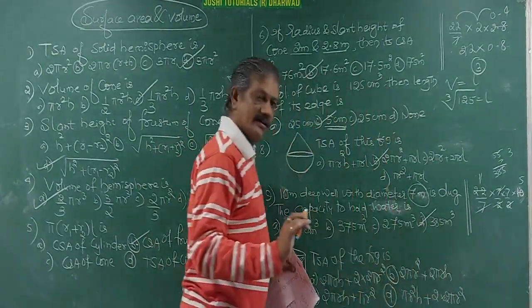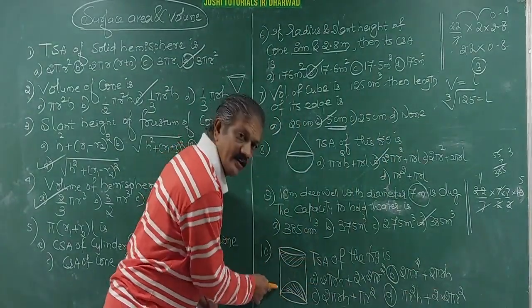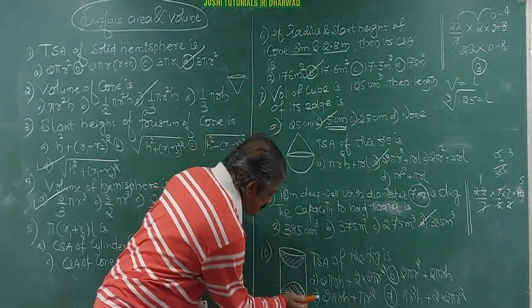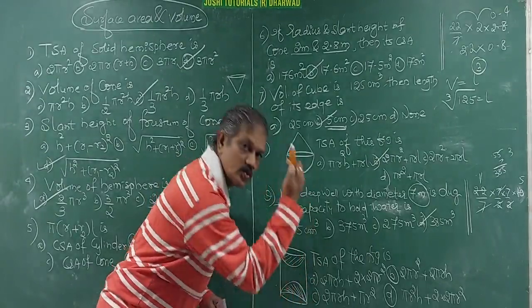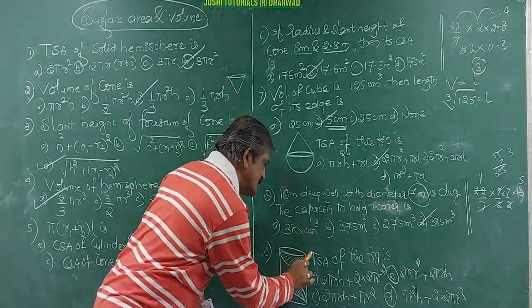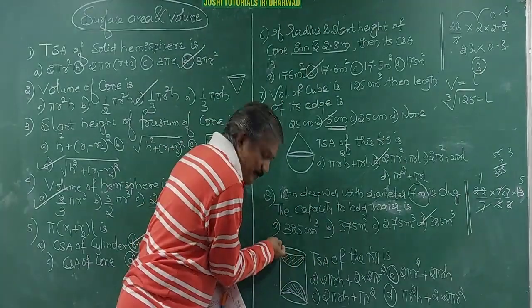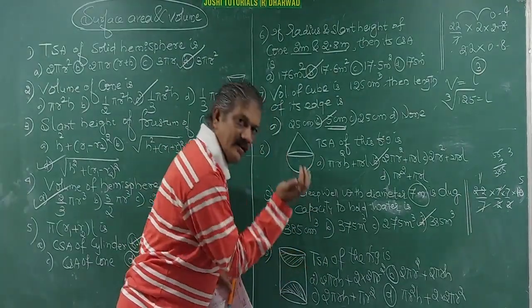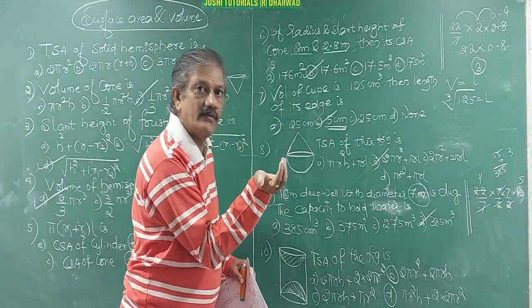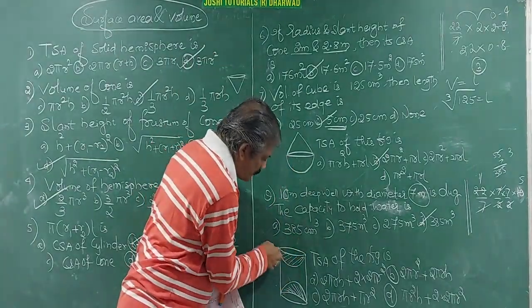And the last one, it is a cylinder. 2 hemispheres from the top and the bottom are scooped out. Then what is the TSA of this solid? Total. When you scoop it out, you can see the portion, that area. That's why it's called 2 pi r square.